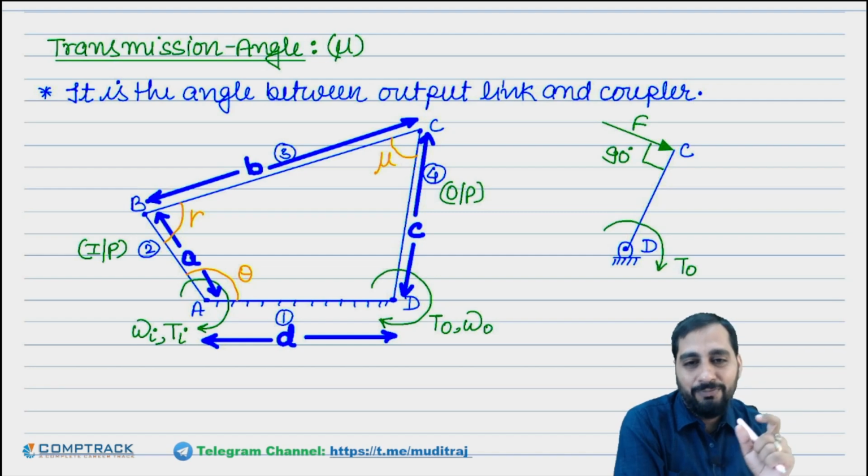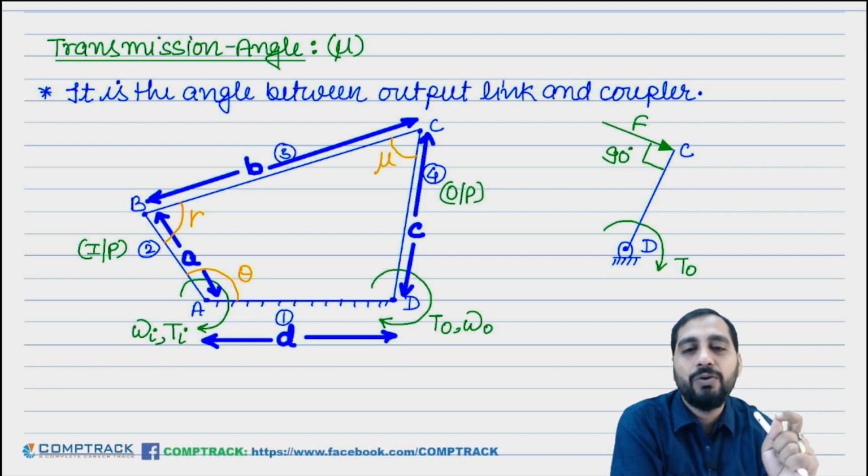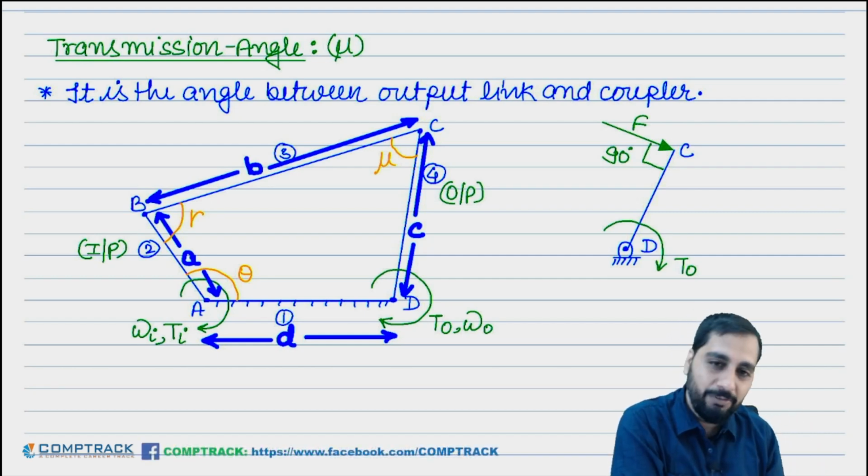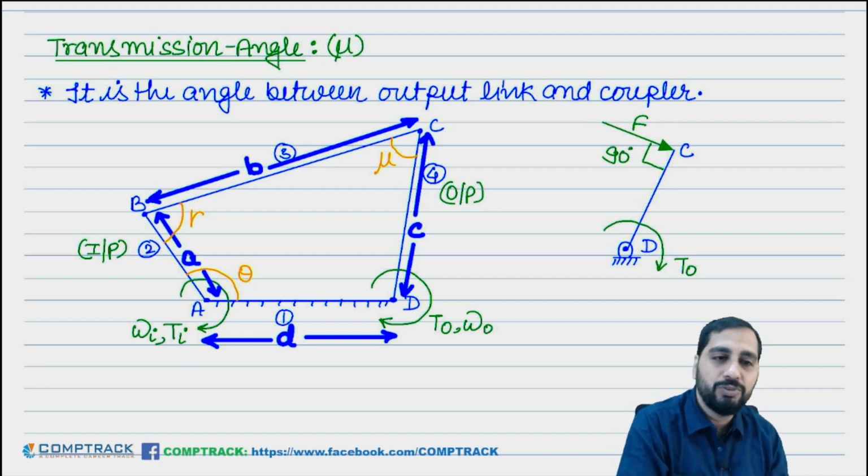Let's say we keep this angle in the range of 85 degrees to 95 degrees, so in between it will always be passing through 90.